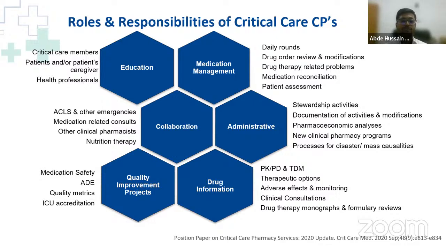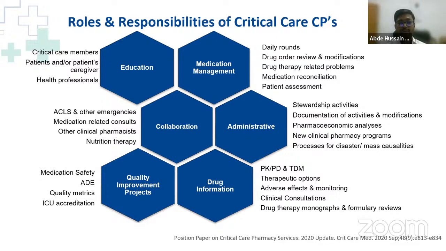The primary objective should be medication management, where we participate in the daily rounds, look into the drug order review and provide modifications or suggestions. We can identify drug therapy related problems, undertake medication reconciliation, and optimize the medication plan.